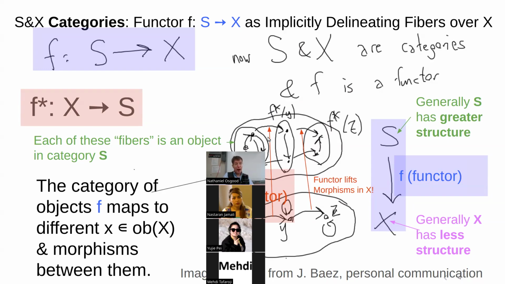Sorry, S is a category. The X is a category. These are objects within the category. These are like elements, like points within each of those objects. So each of these fibers is an object here. You have a functor mapping down from this to this, and a functor in the reverse direction, star, going up here.